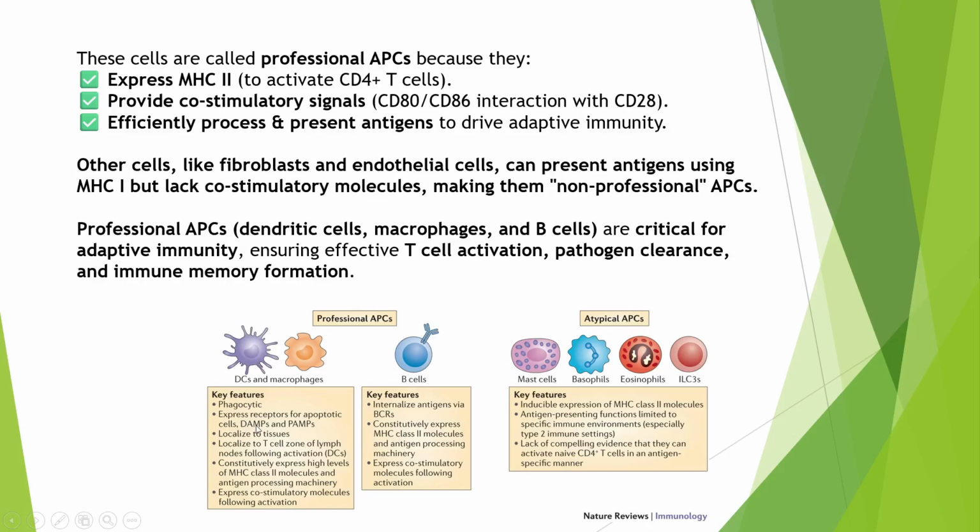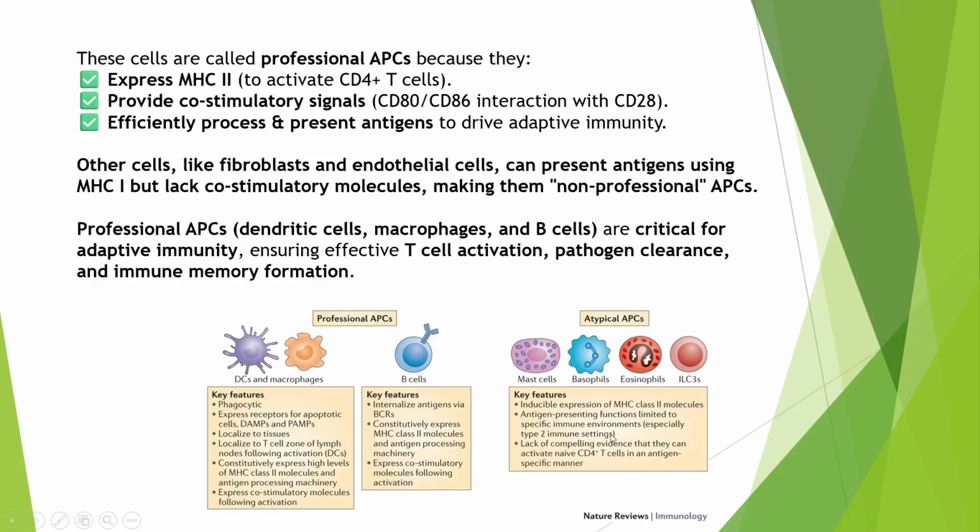They recognize PAMPs and DAMPs. Then they localize to specific tissues, localize to the T zone of the lymph nodes, and following activation, they constitutively express high levels of class 2 MHC and antigen presenting machinery, and express co-stimulatory molecules after activation. Then for B cells, they internalize antigens via BCR response, then constitutively express class 2 and antigen processing machinery. They also have co-stimulatory molecules which help in activation.